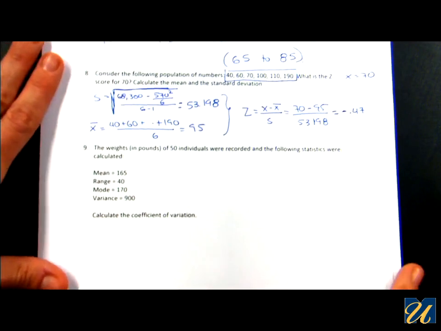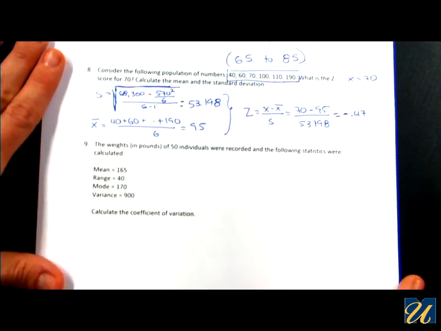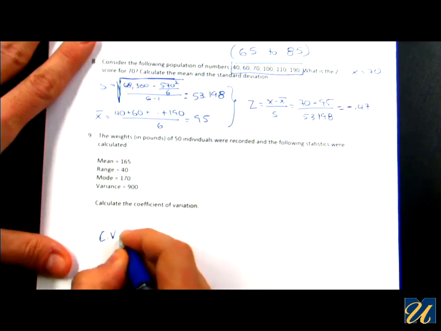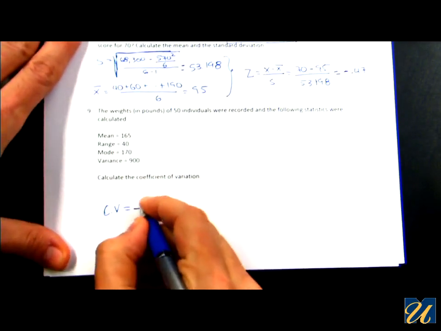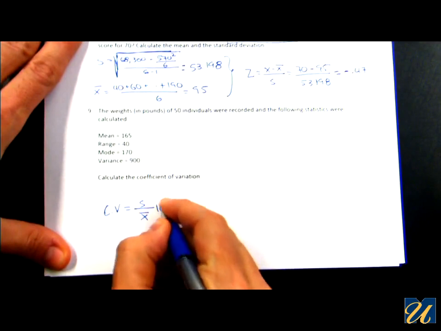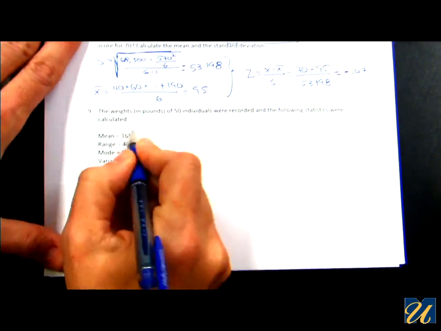Now, the weights in pounds of 50 individuals were recorded, and the following statistics were calculated. We have the mean, the range, the mode, and the variance. I want to calculate the coefficient of variation. The coefficient of variation is equal to S over X bar times 100%. I have the mean.